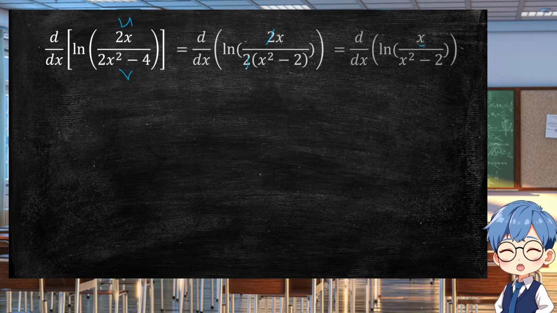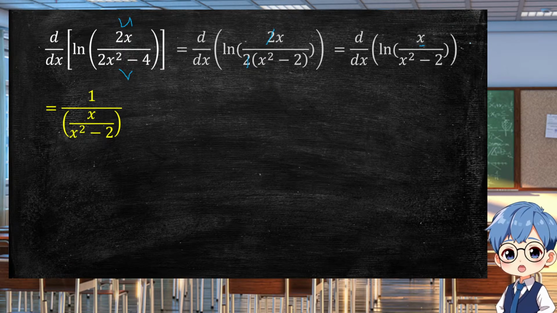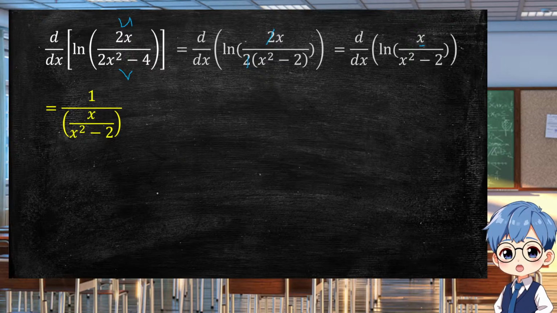So this will just give us ln of x over x squared minus 2. So by using this, it's much easier to solve. So instead of having 1 over 2x squared minus 4, we now have 1 over x squared minus 2 because it's 1 over u. The derivative of ln is 1 over u.